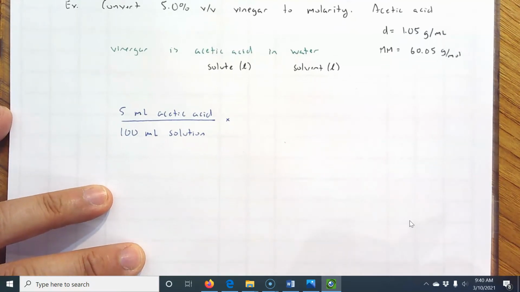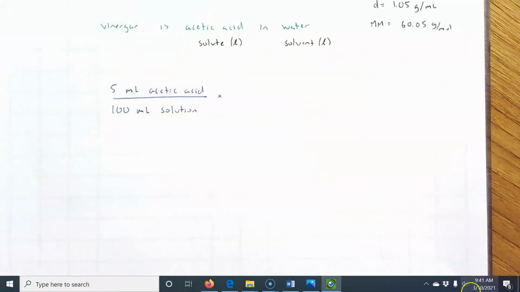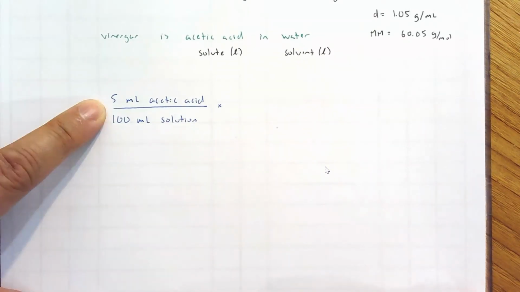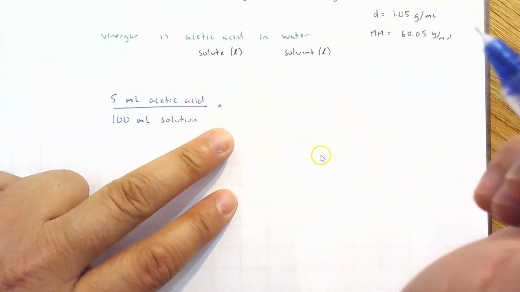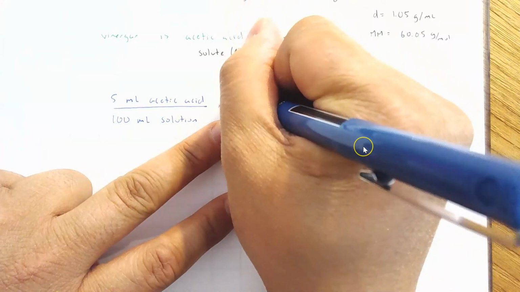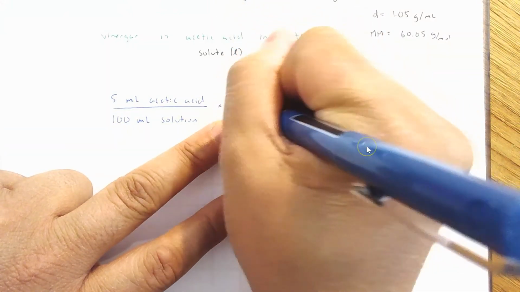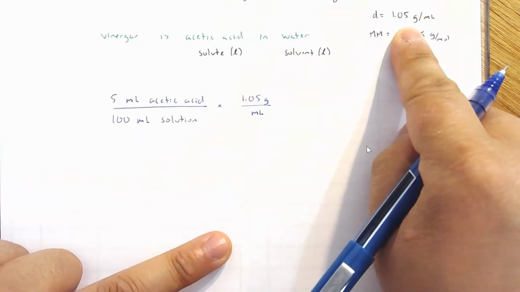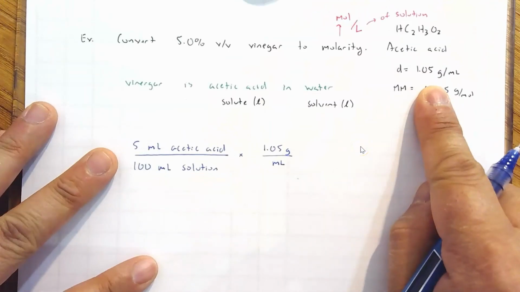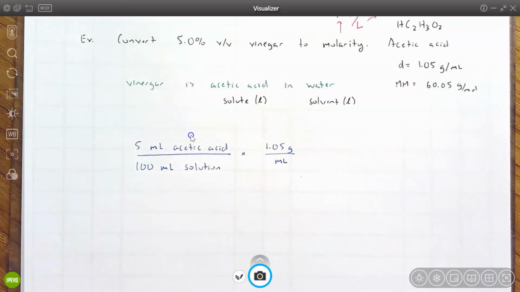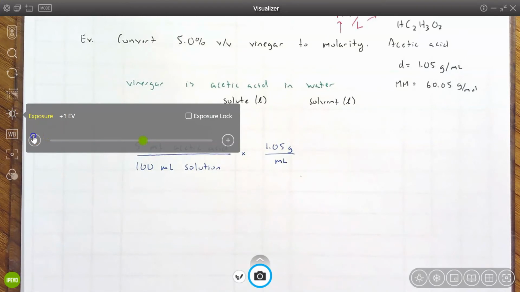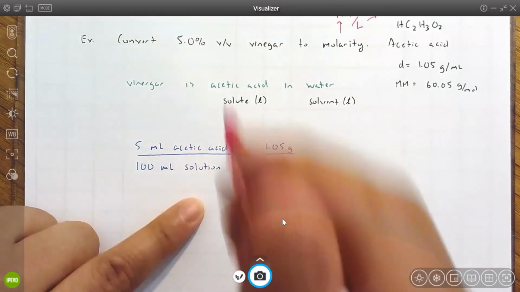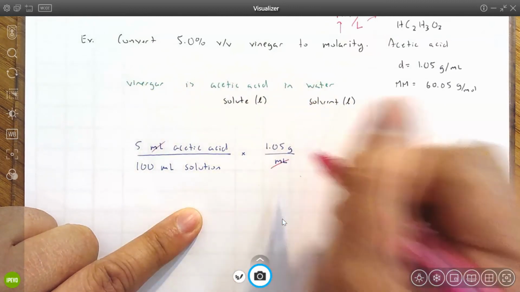Let me show you how I would do this using dimensional analysis. Milliliters. Well, let's change it to grams. 1.05 grams of acetic acid per milliliter. That's coming from the density. And I keep acetic acid. So that's gone.